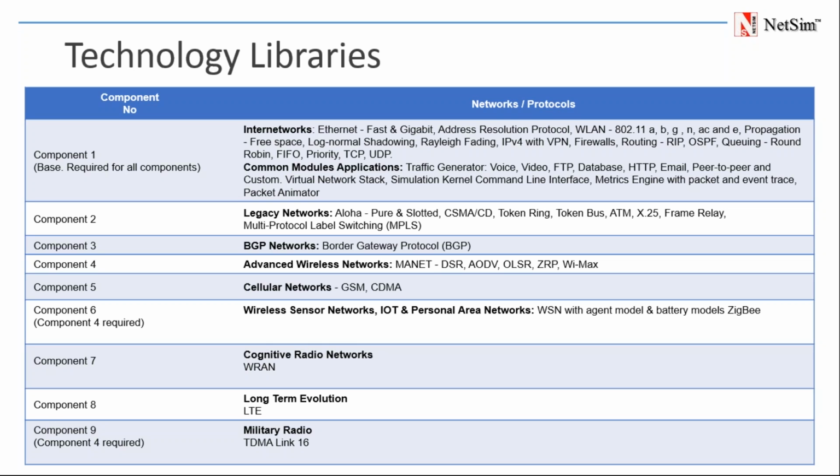MANET has these 4 protocols: DSR, AODV, OLSR, and ZRP. Then component 5 is cellular network, that is GSM and CDMA. Component 6 is wireless sensor network, IoT, Internet of Things, and personal area network. And component 7 is cognitive radio network, that is wireless regional area network.